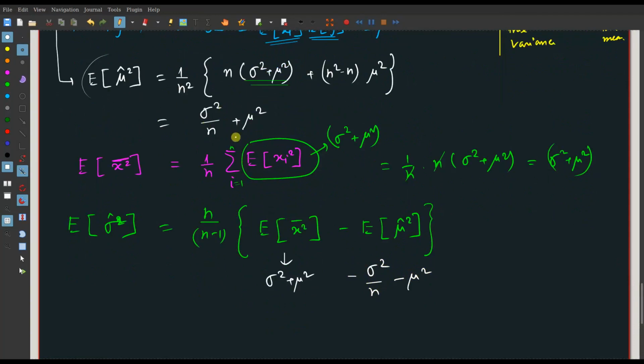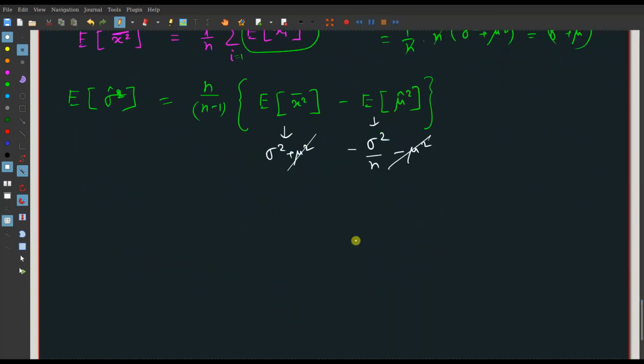Okay, so if you plug this in, that means this mu square cancels out. So this leaves you with n over n minus 1 times sigma square times 1 minus 1 over n, which is exactly the opposite of this thing. So this will cancel with this, and you will be left with only sigma square.